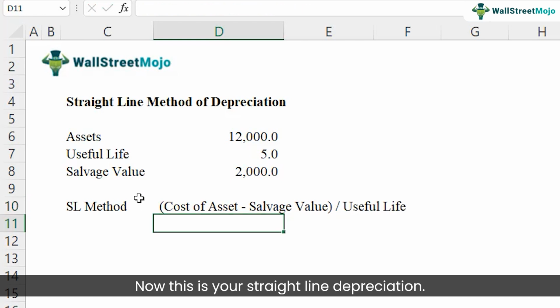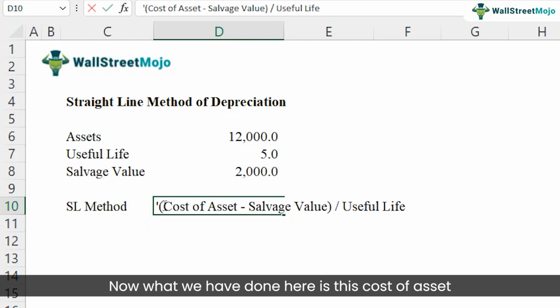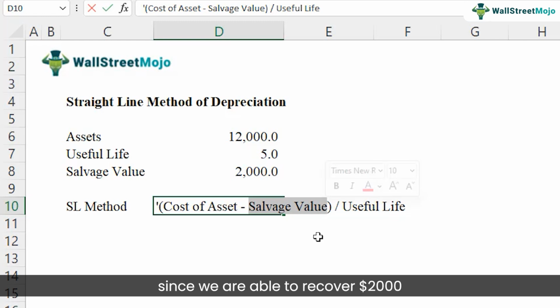This is your straight line depreciation. Here the cost of asset is 12,000 and salvage value is $2,000. Since we are able to recover $2,000 from that $12,000, let's subtract that, so that we have 12,000 minus 2,000, that will be 10,000. And the useful life is 5 years.